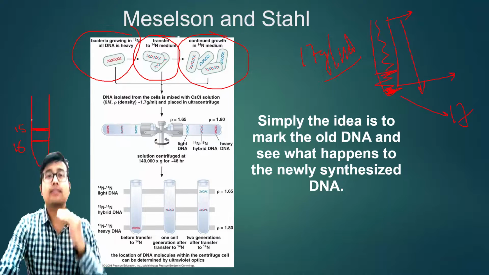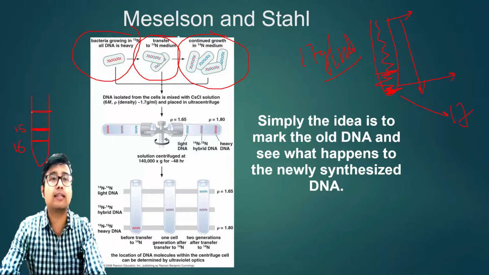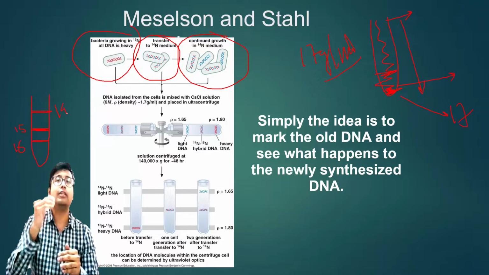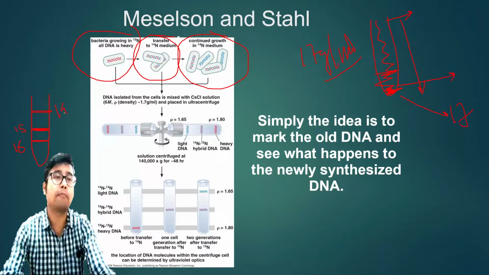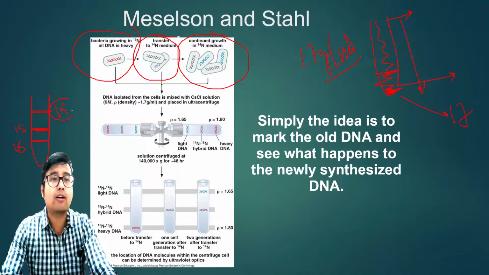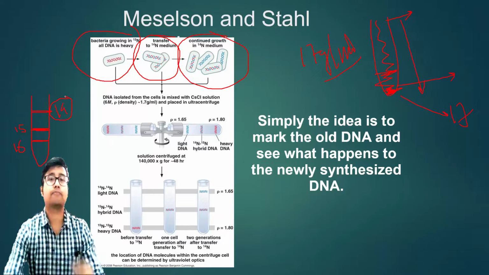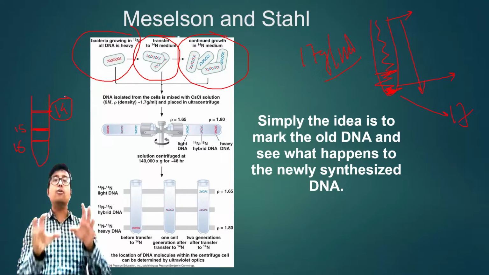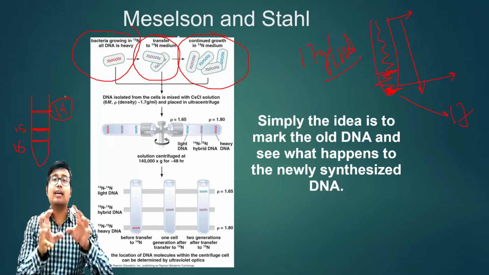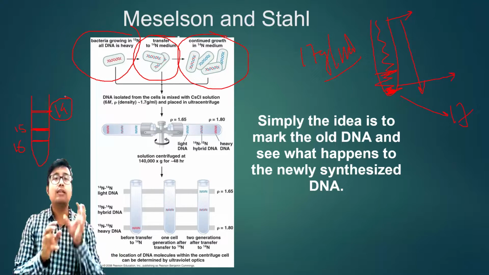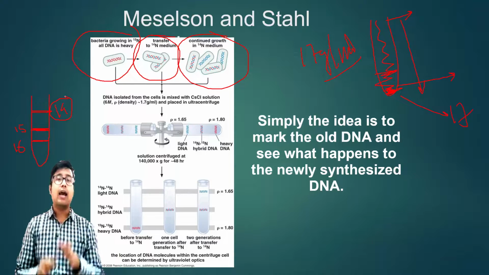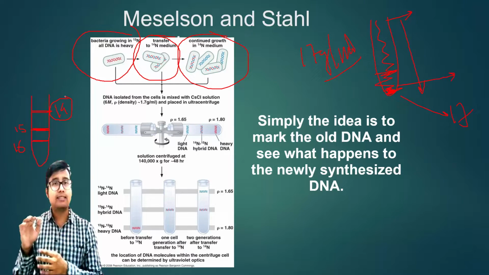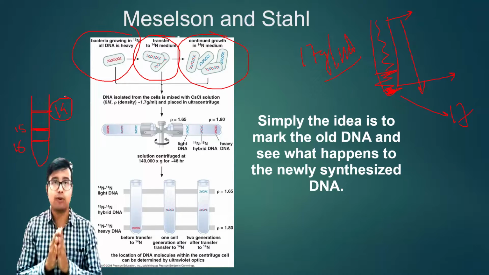And just above that, suppose here the density is 14. These are separated by decimals, 15.9, 15.8, like that. So there is a huge gap. So over here we got a band of N14. Now you know the basic concept that the bacteria which has complete heavy strand will give a band at 15, and a bacteria which has a complete collection of light strand will give a band at 14.